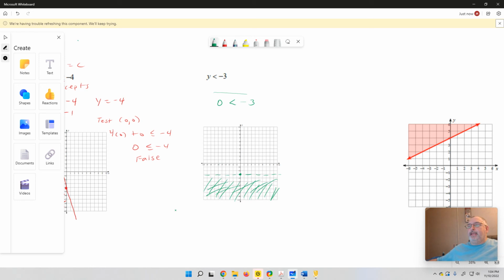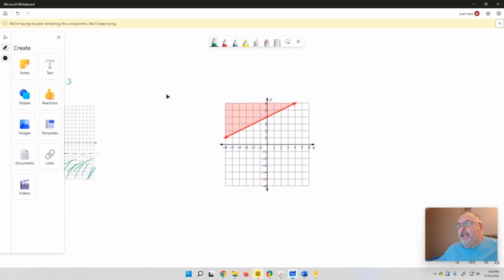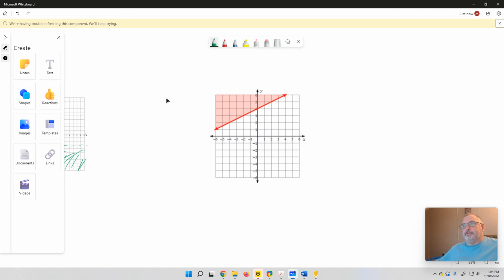Now, what if you're given the graph of the linear inequality and you're asked to write the inequality? Well, we're going to try to write these in slope-intercept form, and then adjust it depending on if it's multiple choice or not. So I want to find the y-intercept, which is where the line crosses the y-axis. That's going to be 4. I want to find another good point.